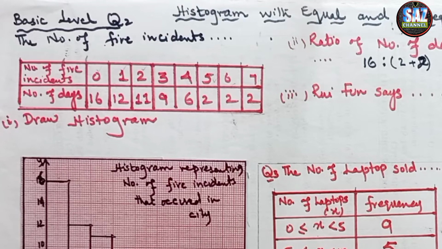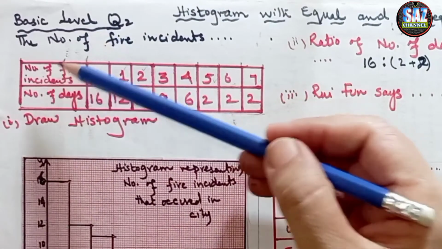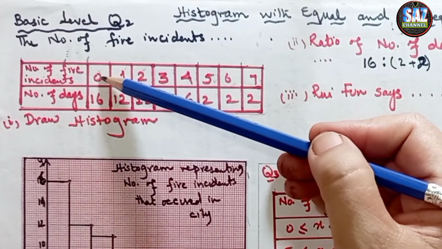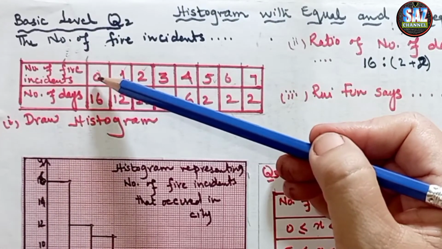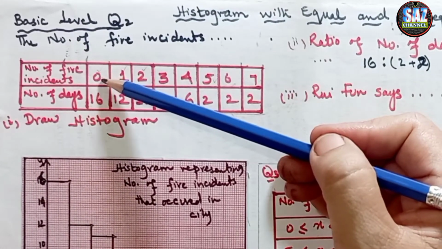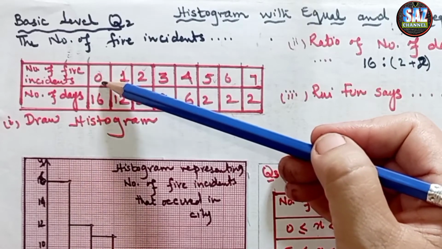Refact says the most common number of fire incidents is 16. Fire incidents is not 16. Number of days are 16. So I think, and I'm sure about this, that he is not correct.